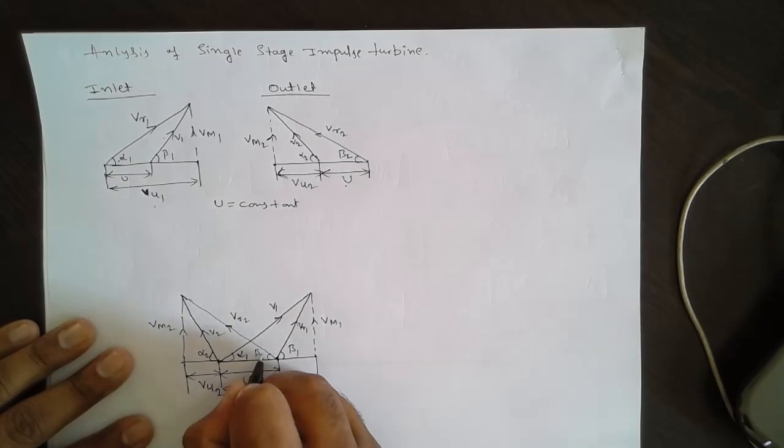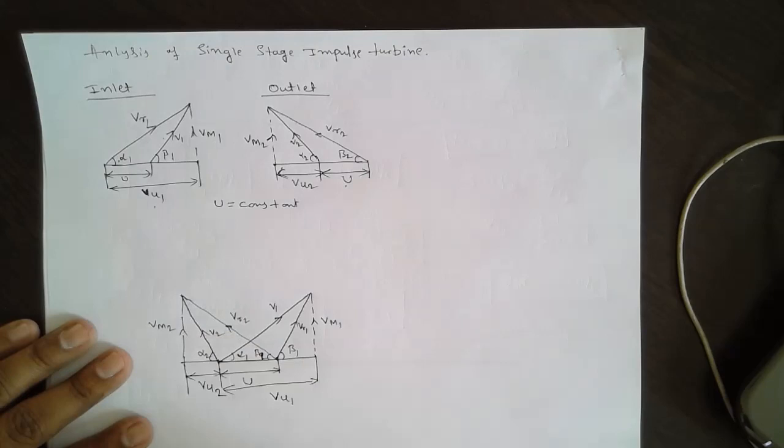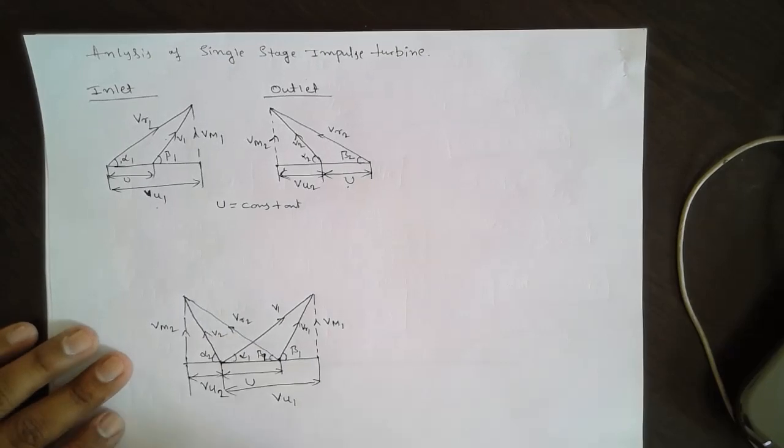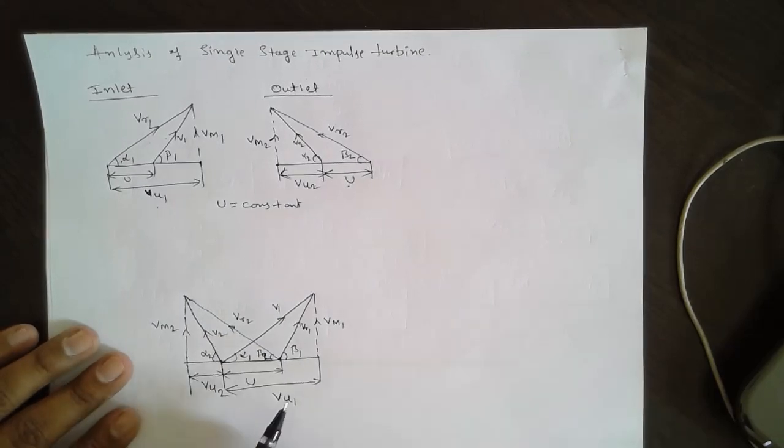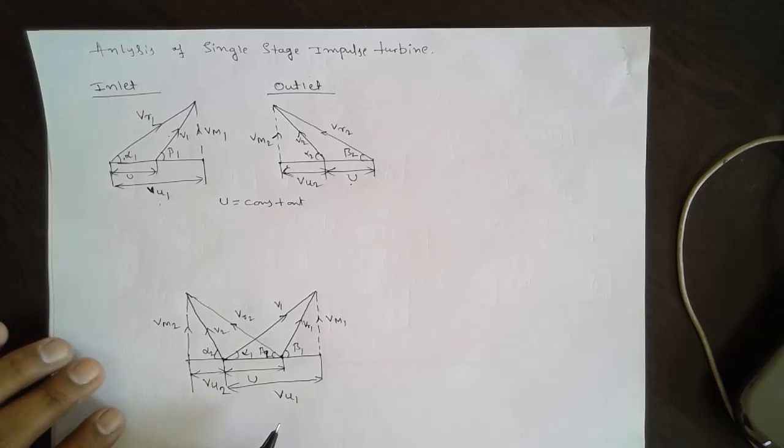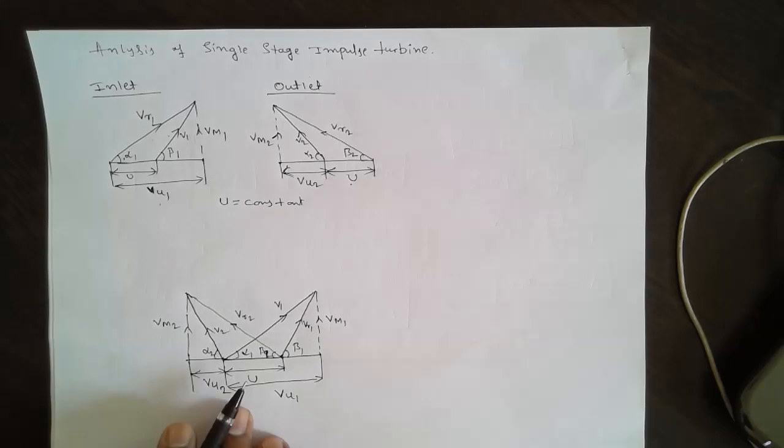This is the construction of the velocity triangle and analysis of the single stage impulse type of turbine.